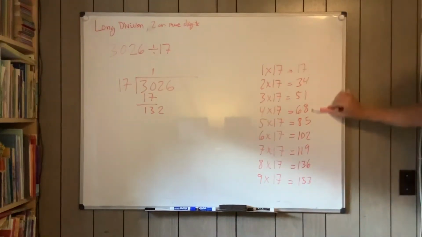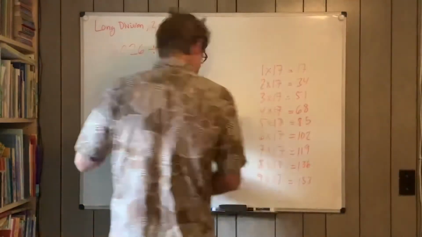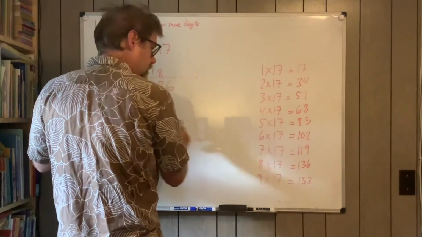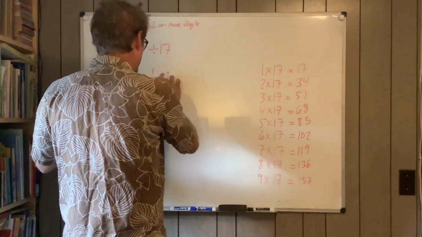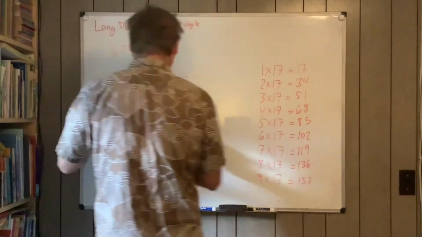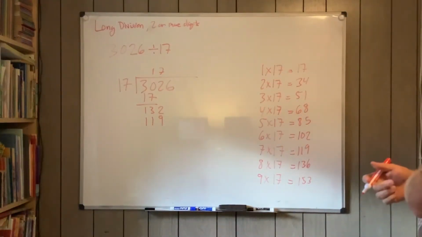And then subtract 13. Bring down the 2. So I scan down here, between 119 and 136. That's going to be 8. And I get 7. Take the smaller of the 2. And get 119. Right.